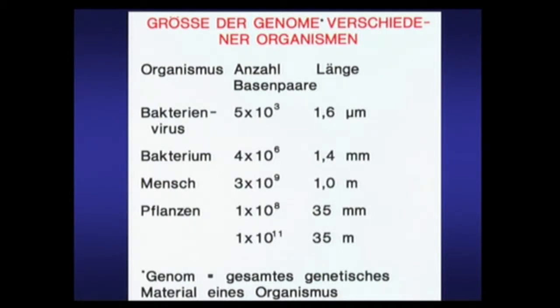A virus has a tiny piece of DNA or RNA. A human has DNA which is 1 meter long, in a tiny cell, 1 millimeter, constrained in that, packaged into that cell, and it's then wound off.